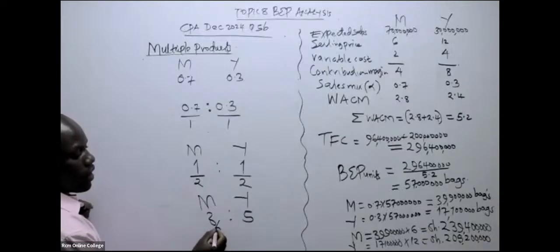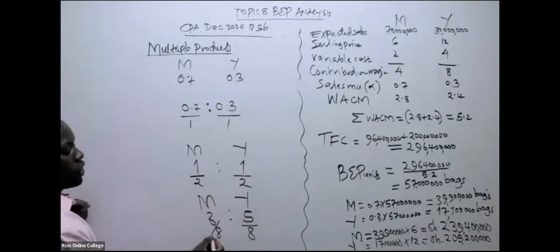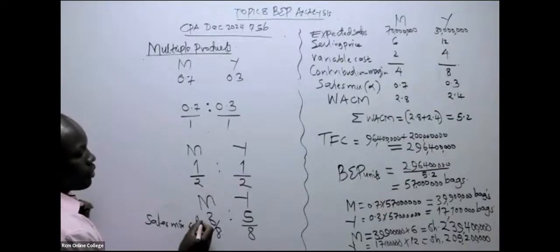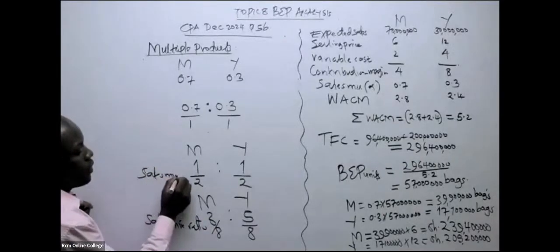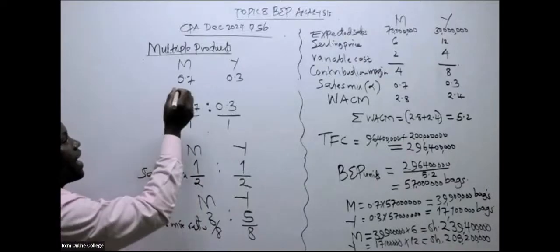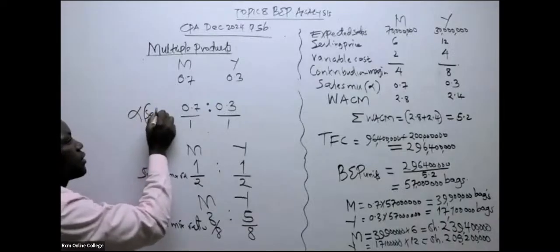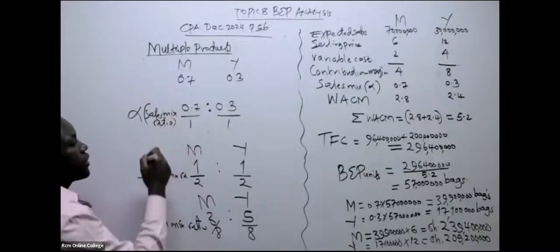So it is 3/8, 5/8. What are we talking about here? This is now the sales mix ratio. This will be the alpha, or sales mix ratio.